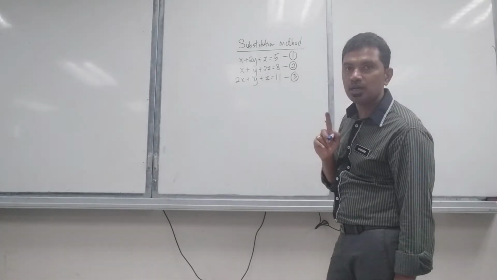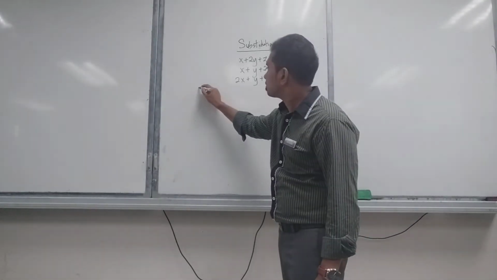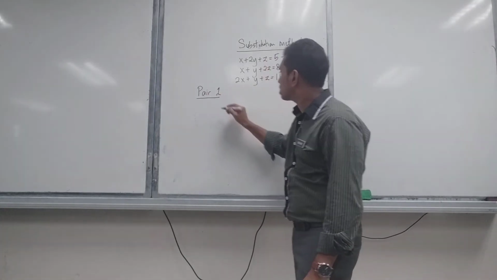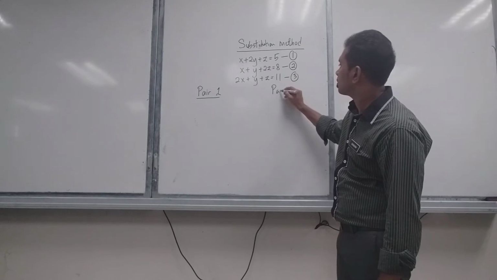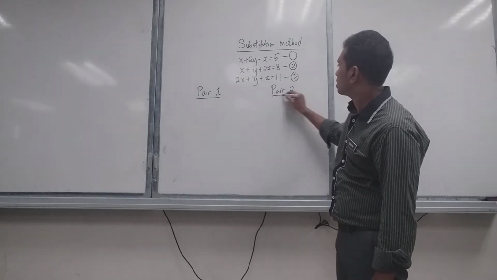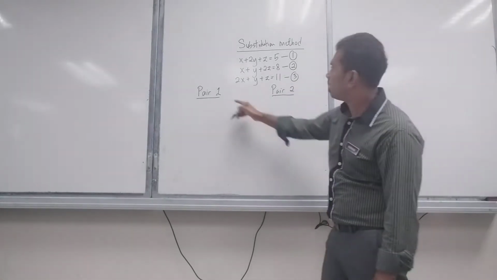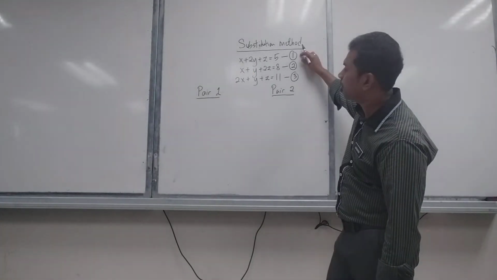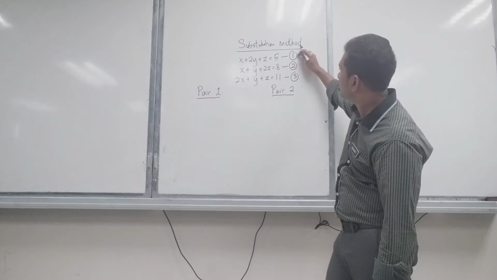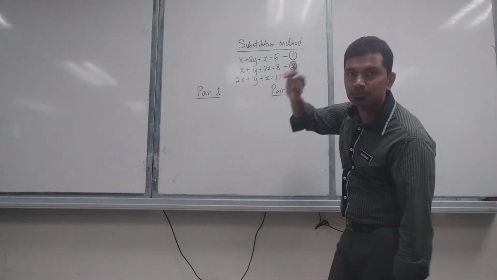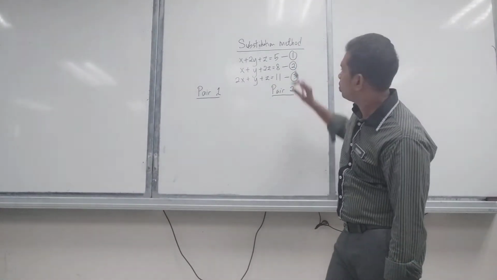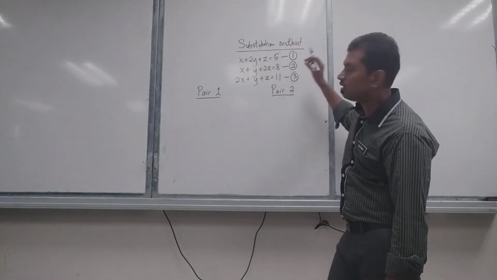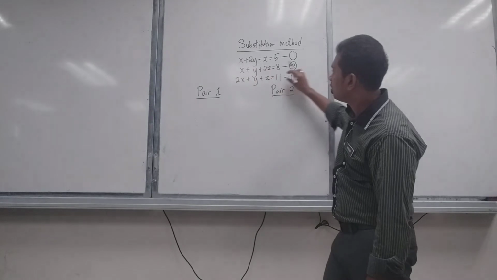Next, you must find the pairs. This is pair number 1, this one is pair number 2. Pair number 1 is you take equation 1 and equation 2. You take the simple one and the difficult one. The first one looks simpler, the second one a bit difficult, the third one is the most difficult.